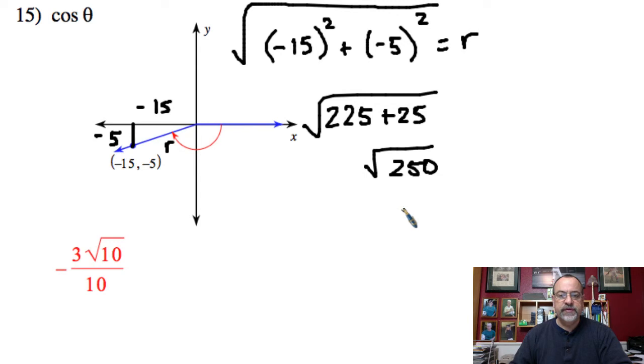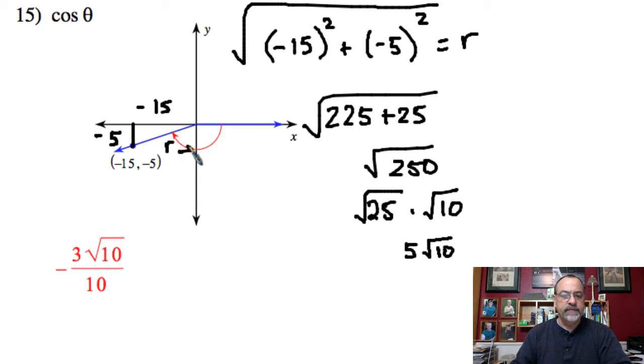What's the square root of 250? Well, that's actually 25 times 10, which would be still 250, and the square root of 25 is 5, so that simplifies to 5 square root of 10. So my r value is 5 times the square root of 10.